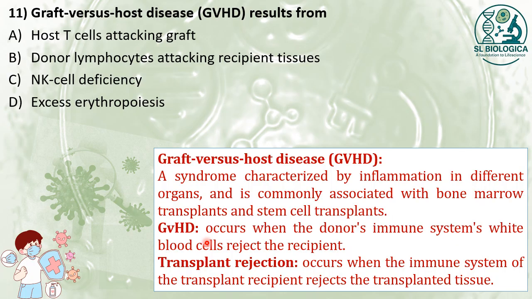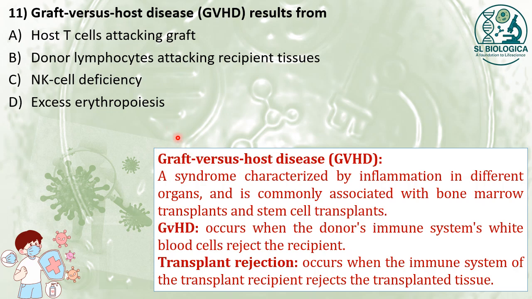So how is it occurring? They occur when the donor's immune system acts against the recipient cells. So we have two participants during transplantation. One is the donor and the second one is the recipient. So in GVHD, as the name suggests, it is graft versus host.